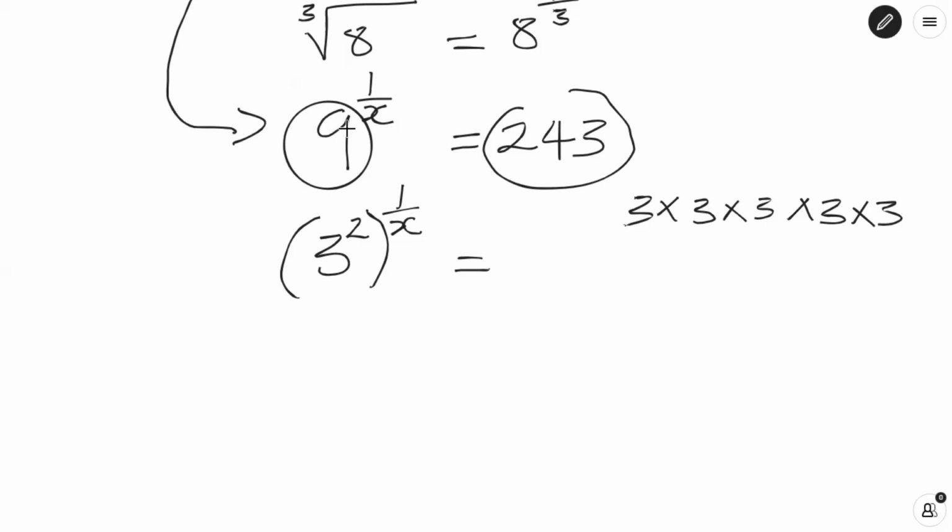Yes. So if you multiply 3 5 times, you will see that it's equal to 243. Therefore, 243 in exponential form or power form is 3 to the power of 5.